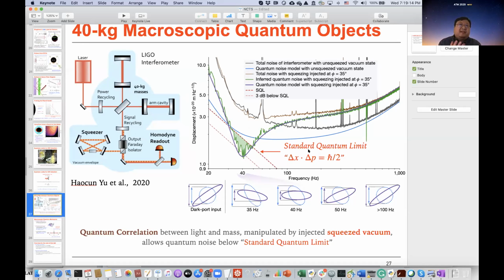So it does mean that the delta x times delta p of the test mass is not far above the h bar over 2. So it means that these microscopic masses are actually moving in the quantum regime.